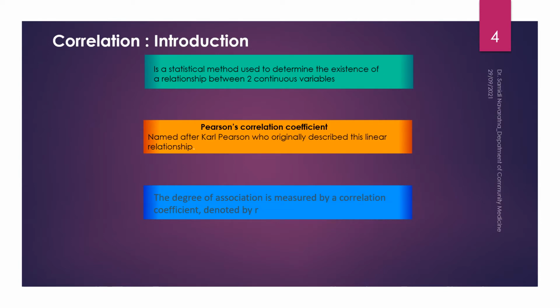Pearson's correlation coefficient measures the degree of association and is denoted by simple r or capital R. This correlation coefficient can range from a minimum value of -1 to a maximum value of +1.